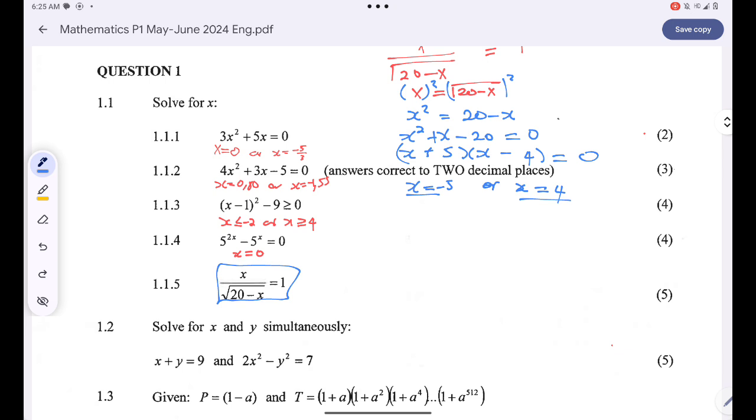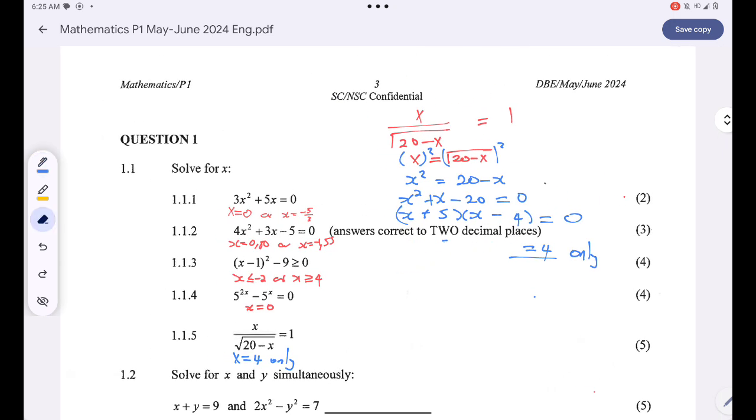But if you substitute and find that the left hand side is equal to the right hand side, it simply means that your solution is applicable. So I know that in this case, -5 will not be applicable. That means x is equal to 4 only.